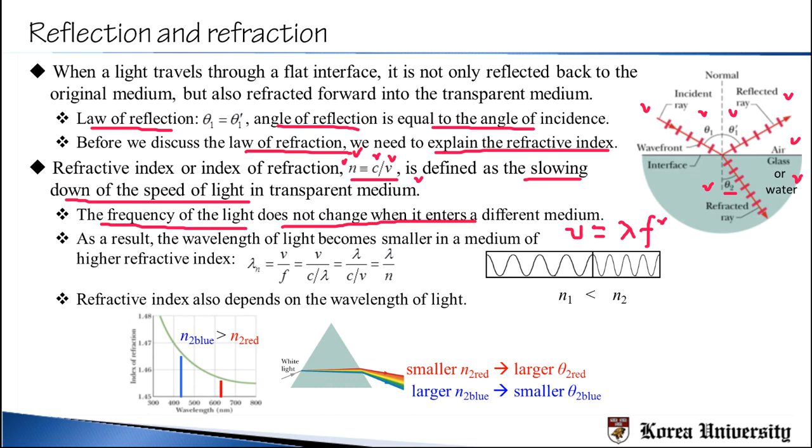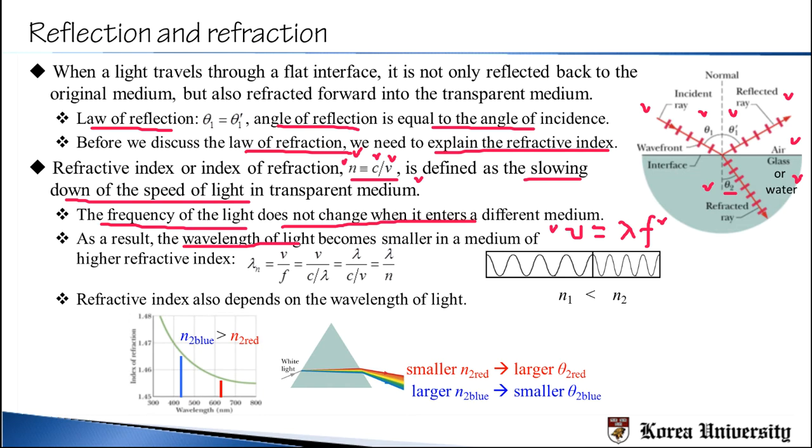So this frequency is not changing, and we have just said that the light speed is changing depending on the refractive index, right? So therefore, using these arguments, we can see that the wavelength of the light also changes.